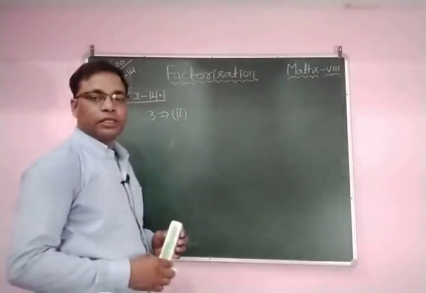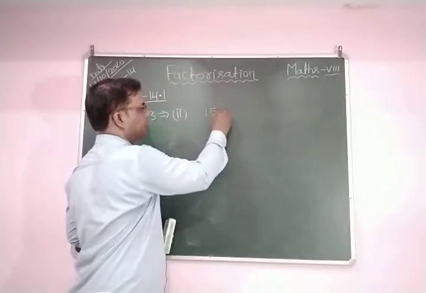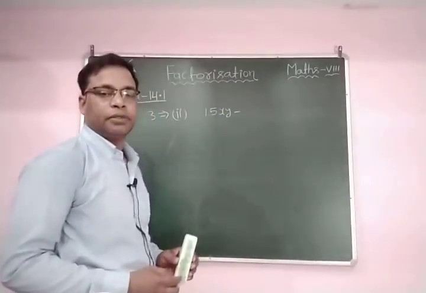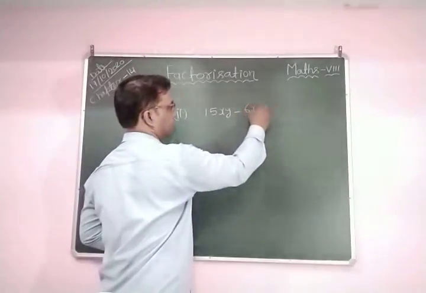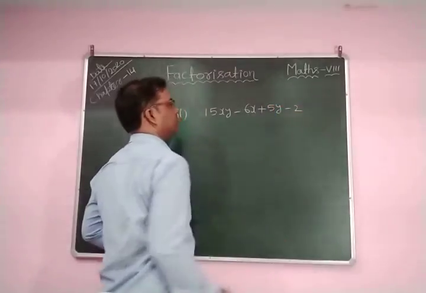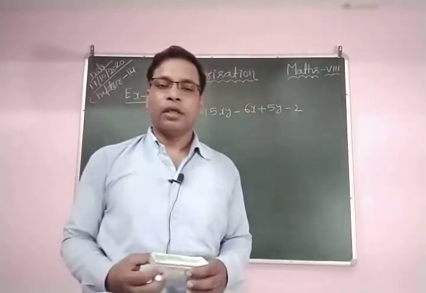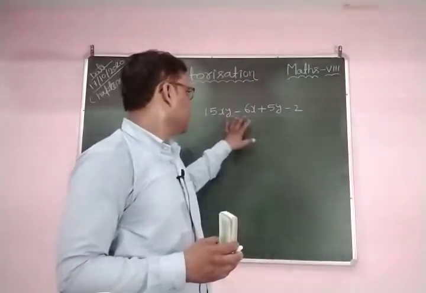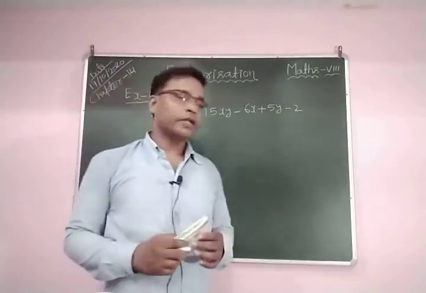So first is 15xy minus 6x plus 5y minus 2. First we group the given algebraic expression, the first, second, third and fourth terms.